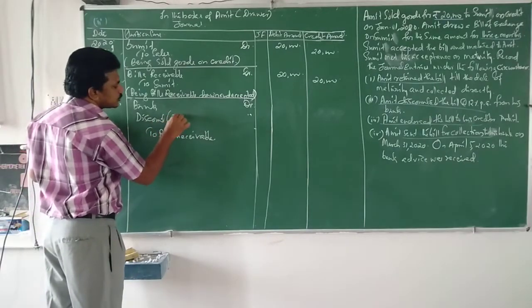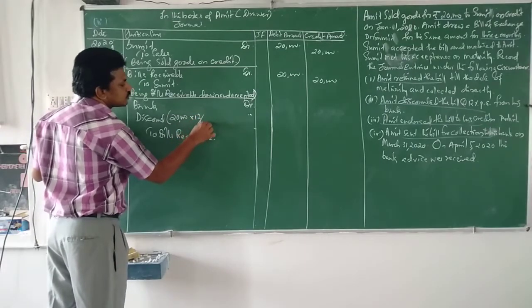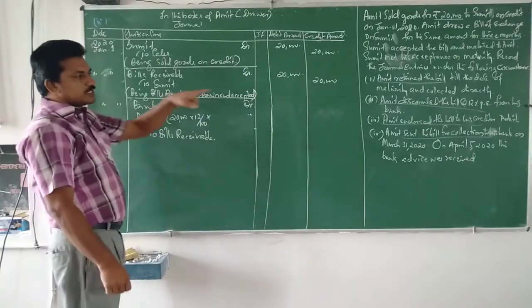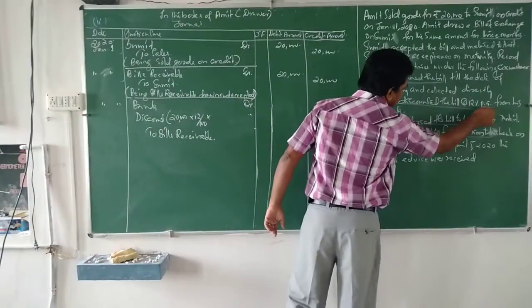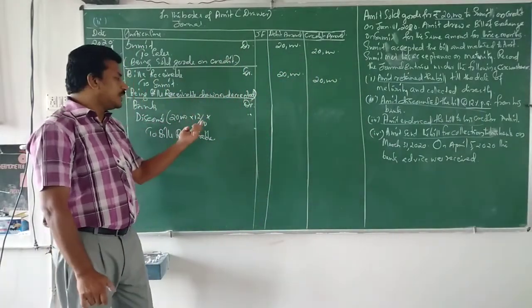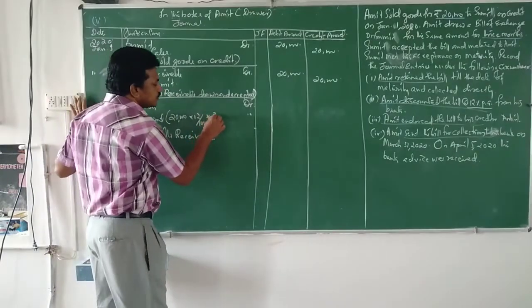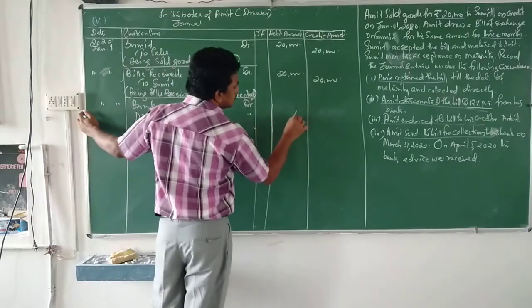Total amount is 20,000. It is discounted at 12%. So 12 by 100 for 3 months. This bill is for 3 months, and here it is given 12% per annum. Per annum means per year, so we need for 3 months only. So 12% into 3 by 12, that means we will get 600 rupees.